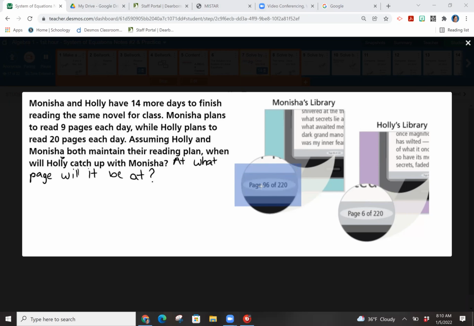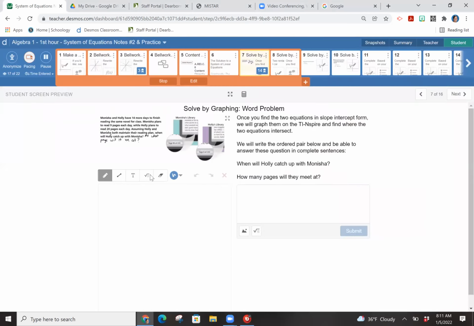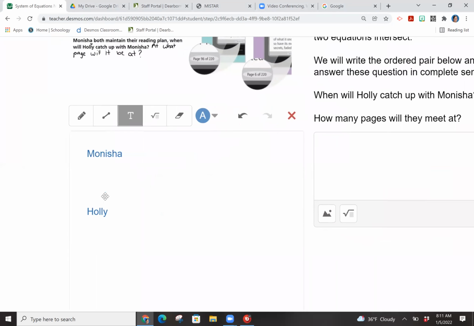So Monisha is starting at page 96, and what page is Holly starting at? At 6. So it's going to be our job to write 2 equations. So right here we have the typing symbol. So we have Monisha and we have Holly. So at what rate is Monisha reading?